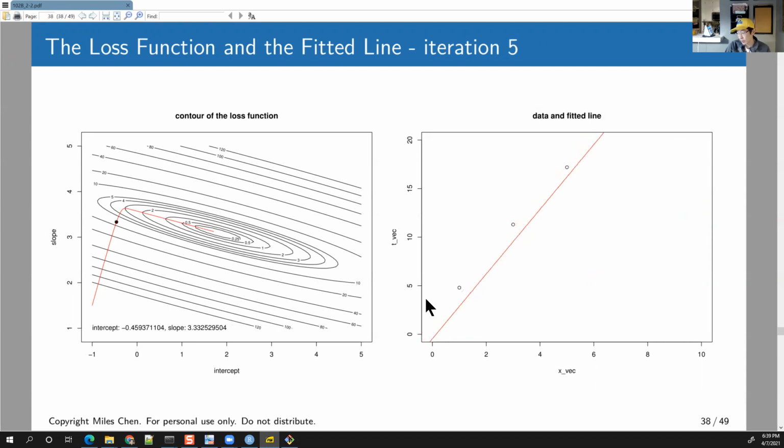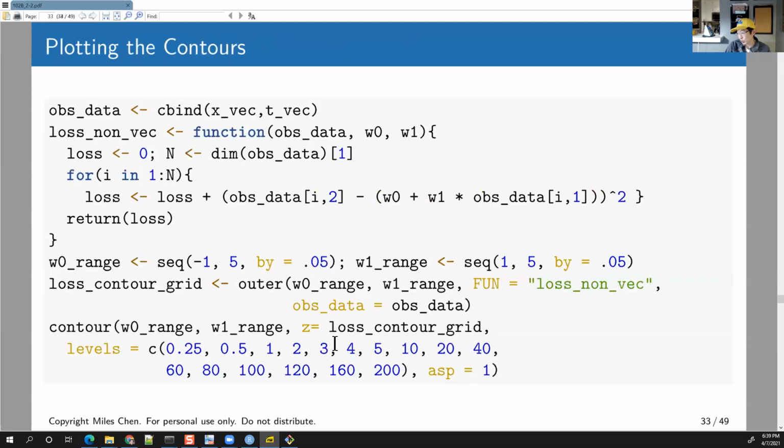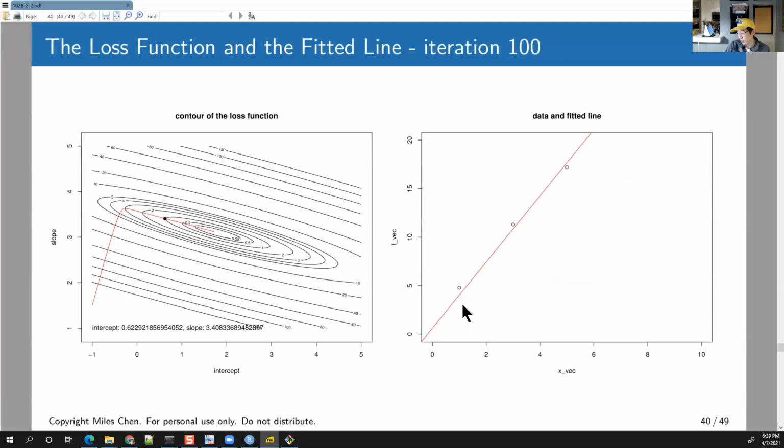And the best line we know is this solution of basically 1.8 and 3.1 as far as the intercept and the slope, okay? And so you'd have to run it for probably another few hundred iterations, and eventually you'll get there, right?